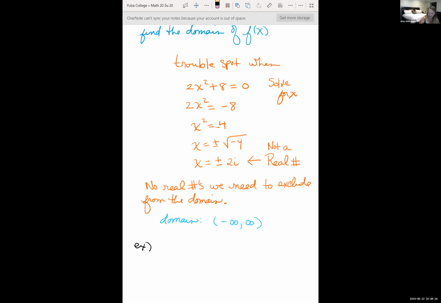So if we're looking at f of x is equal to x plus 4 all over x cubed minus 4x.